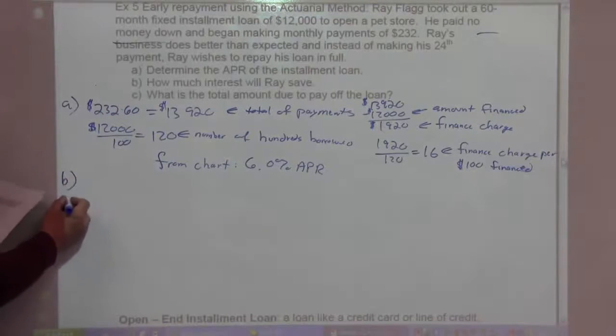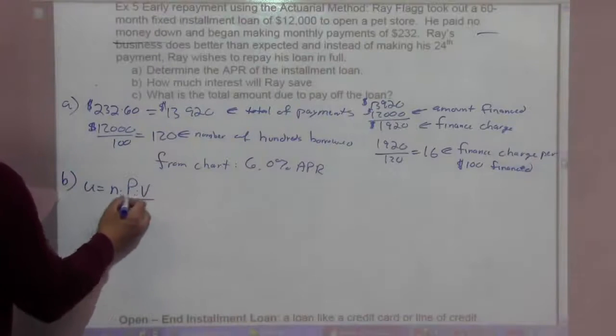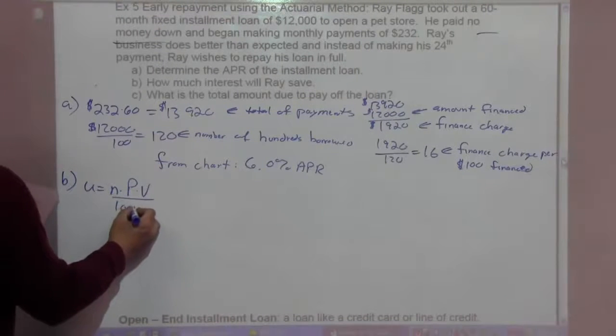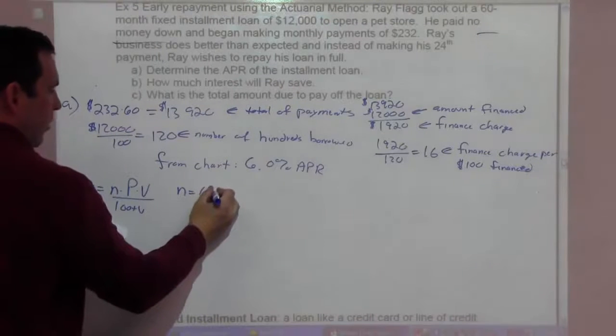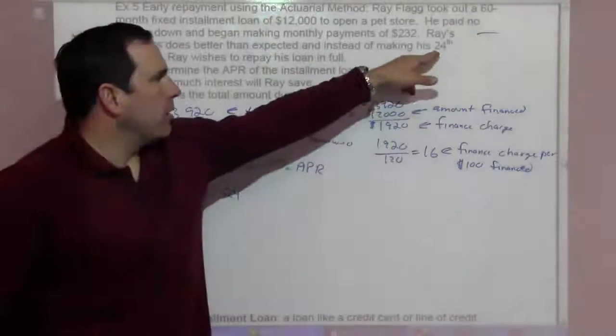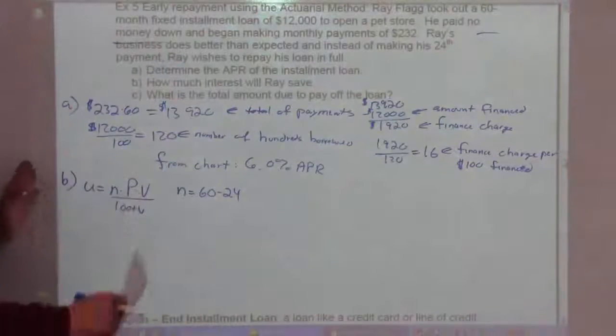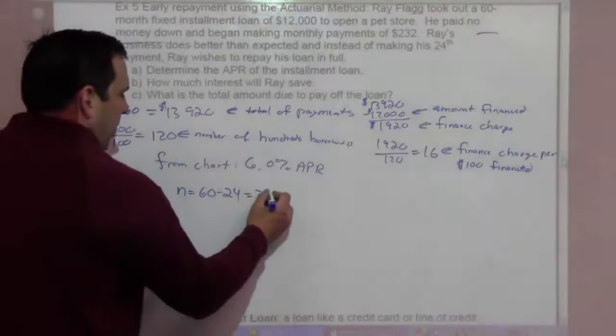So part B says our U equals N times P times V over 100 plus V. Our N is going to be 60 months total minus the 24, because you subtract also the current payment he's going to make. So it's how many payments he's got left to make, not counting the current one. That's 36 payments.